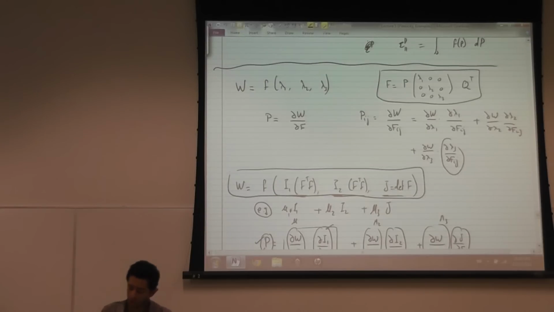But if W is just lambda 1 power 5 plus lambda 2 power 5 plus lambda 3 power 5, for example, it's not an explicit function of I1. If you can write it as an explicit function of I1, then life would be easy. If you can't, then you have to do it the way you did it for your assignment.